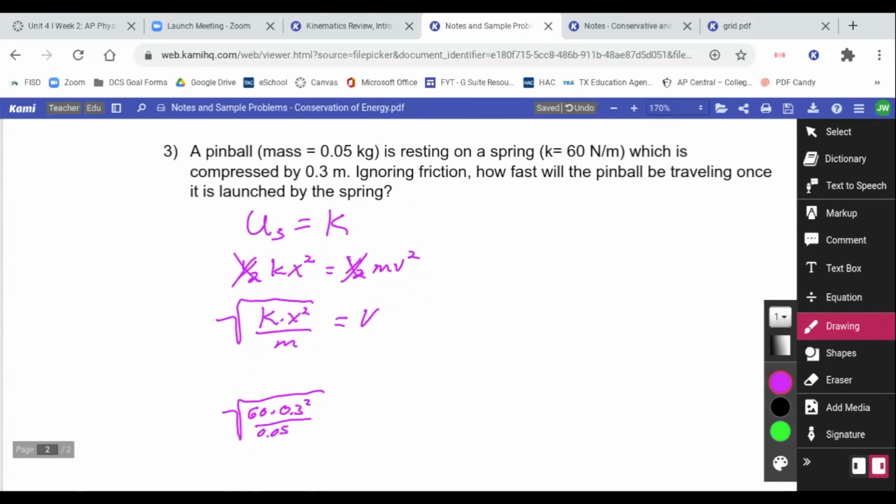All right, let me get my fancy calculator out. 60 times 0.3 squared is 5.4. I'm going to divide that by 0.05. And then that gives me 108. I'm going to take the square root of 108. And I get 10.39. Okay. 10.39 meters per second equals the velocity.